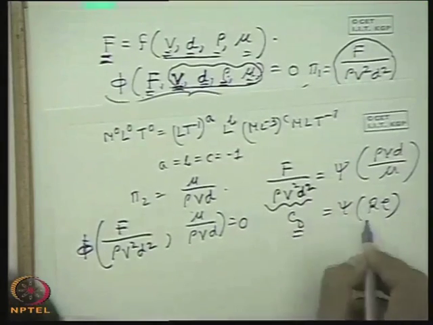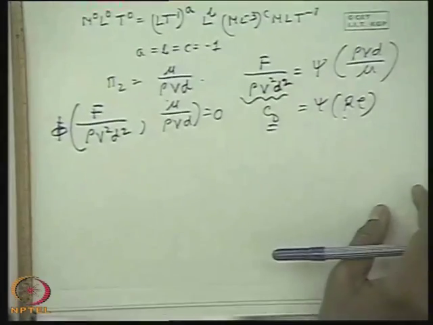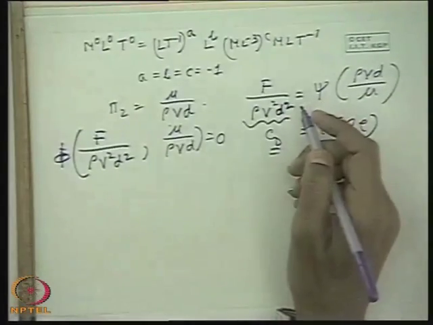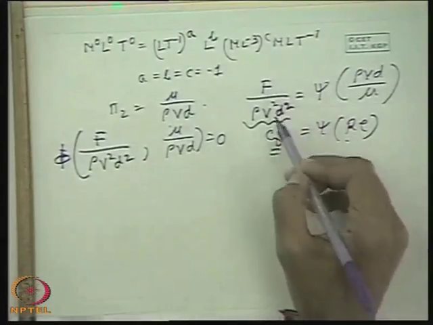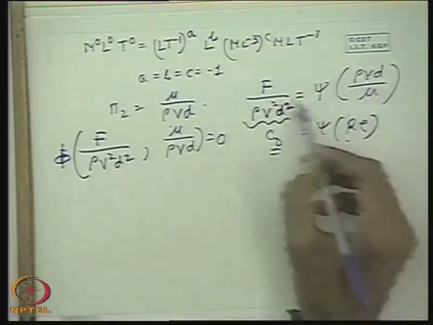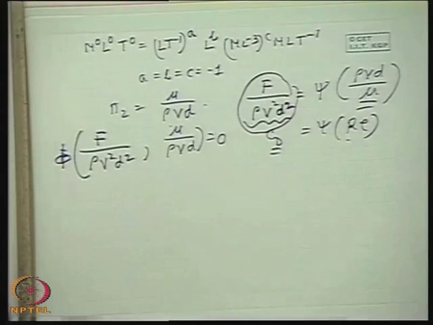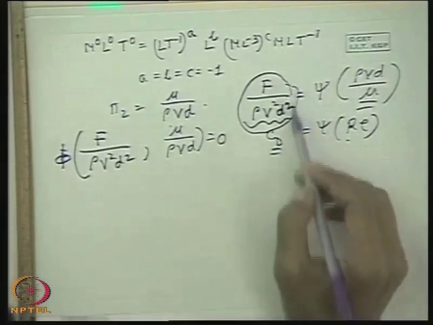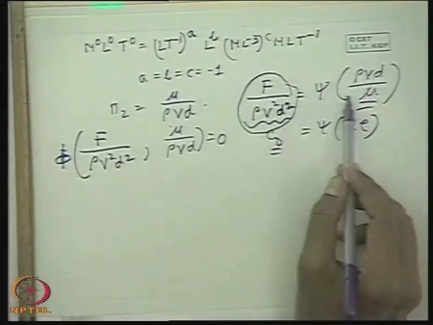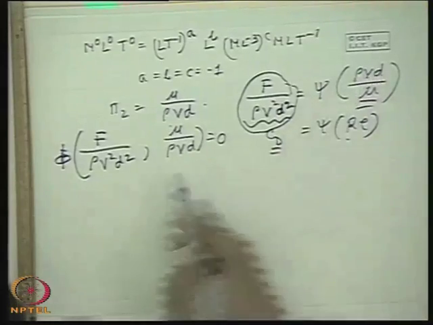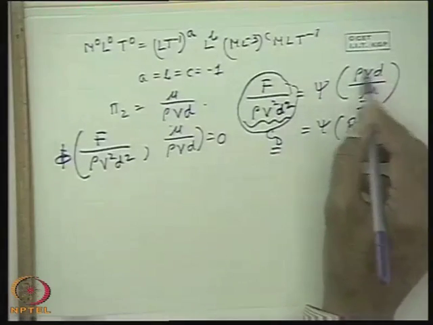So what do we do? First we reduce the problem in terms of dimensionless parameters. That means drag force, velocity, diameter, density, viscosity, we club it. So CD as a function of Reynolds number. Now you see that for model testing these parameters have to be kept fixed. So the first criterion for model testing is that the Reynolds number has to be kept fixed.